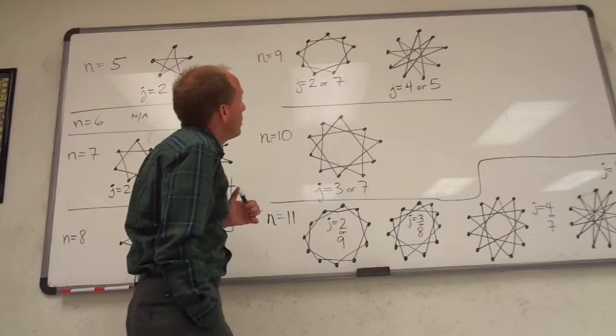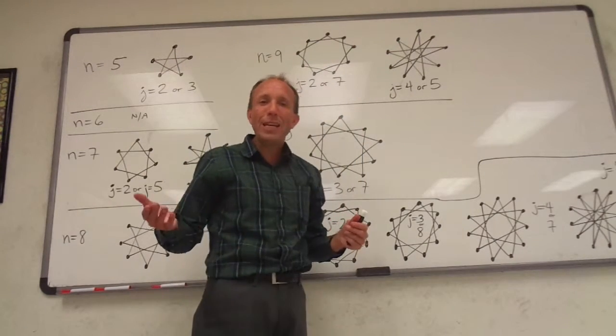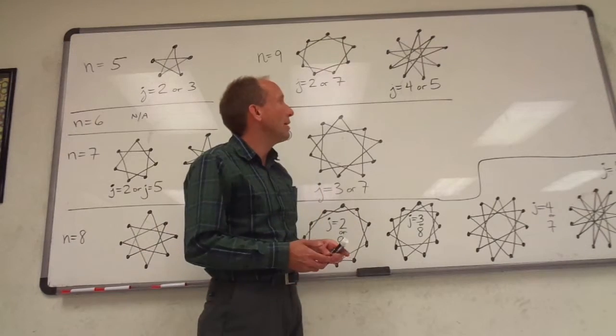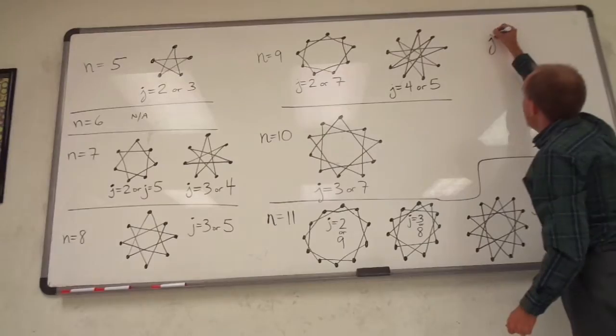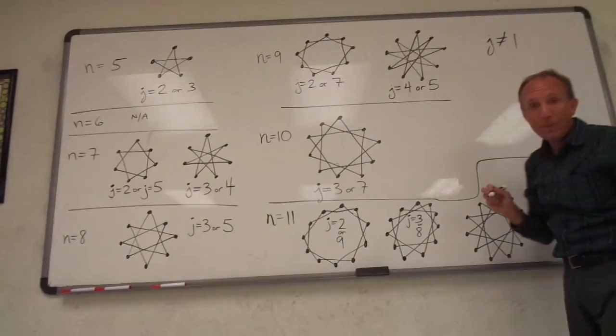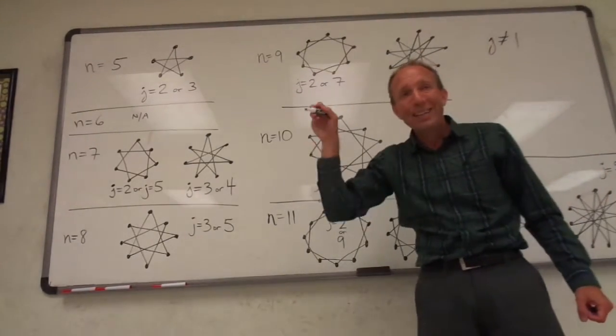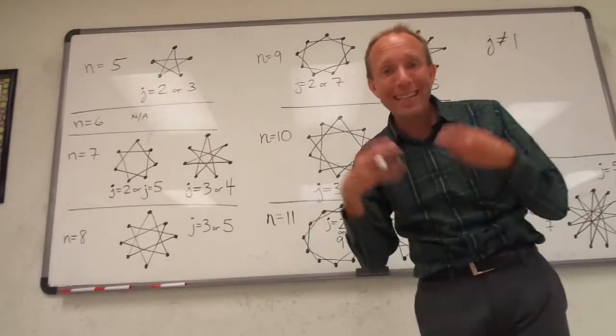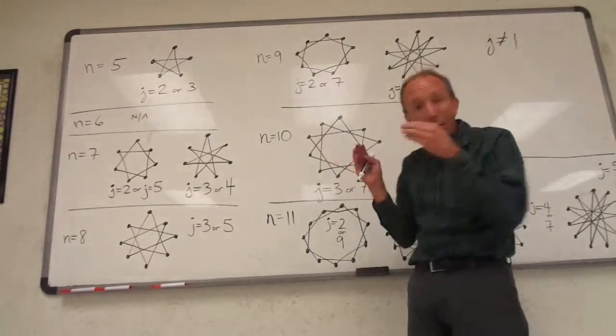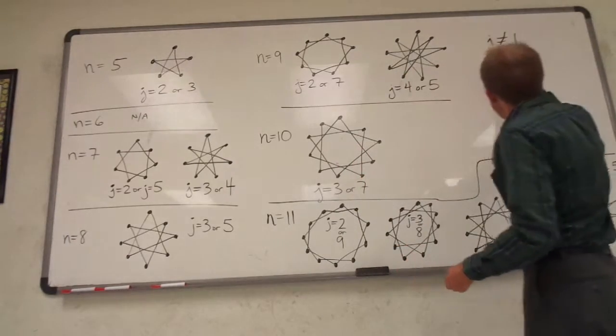But the question becomes, which values of j can you use? We said in class that we cannot use j equal to 1, because if we connect every point, we're just going to end up with an n-gon. We're not going to get a star. We're not going to have crossing segments. So j cannot be 1.